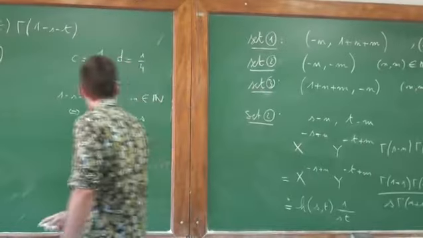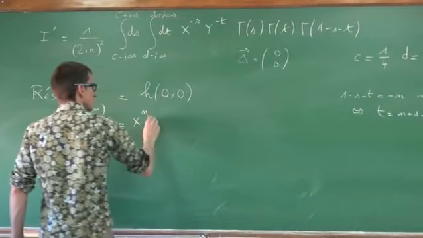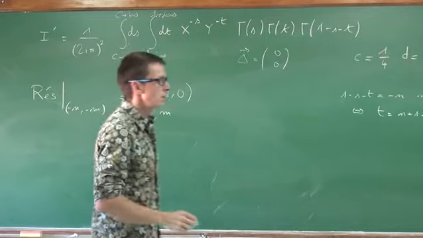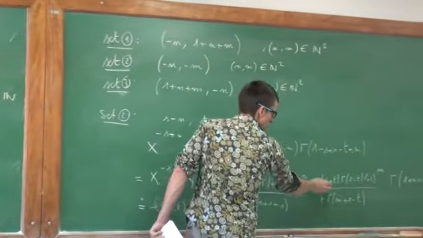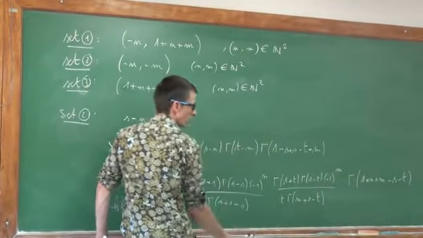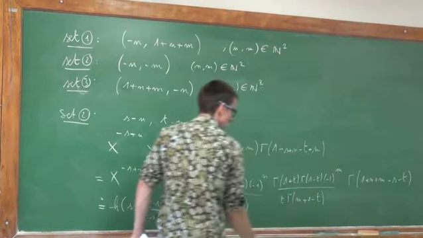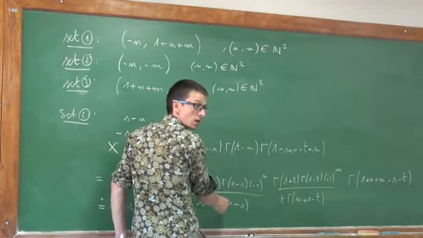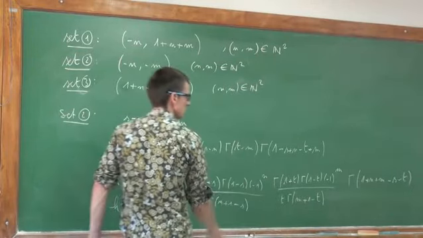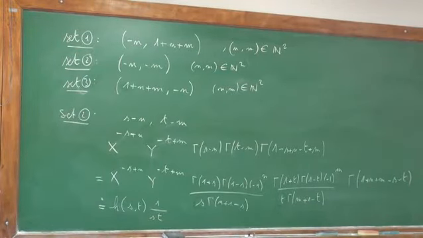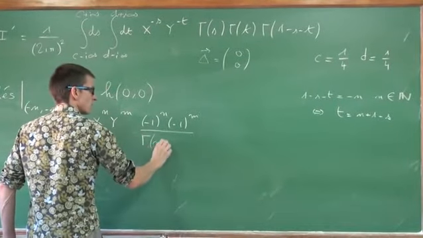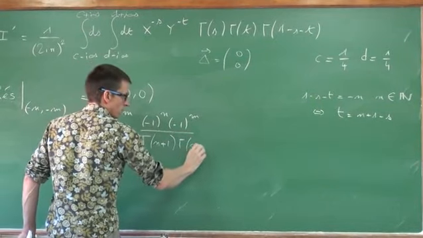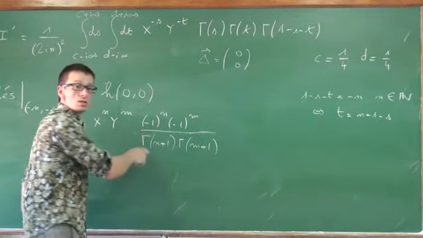x to the power n, y to the power n, times this is 1, this is 1, this is 1, this is 1, minus 1 to the power n, minus 1 to the power n, factorial n, factorial n, divided by gamma of n plus 1, gamma of n plus 1, which is n factorial.